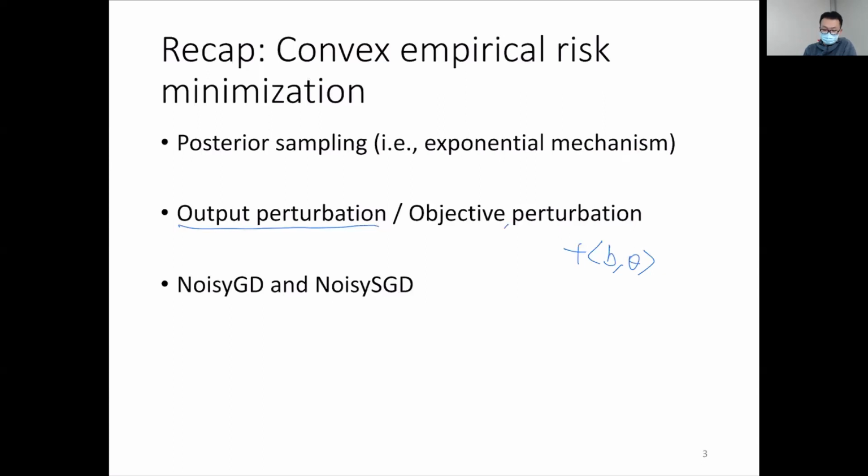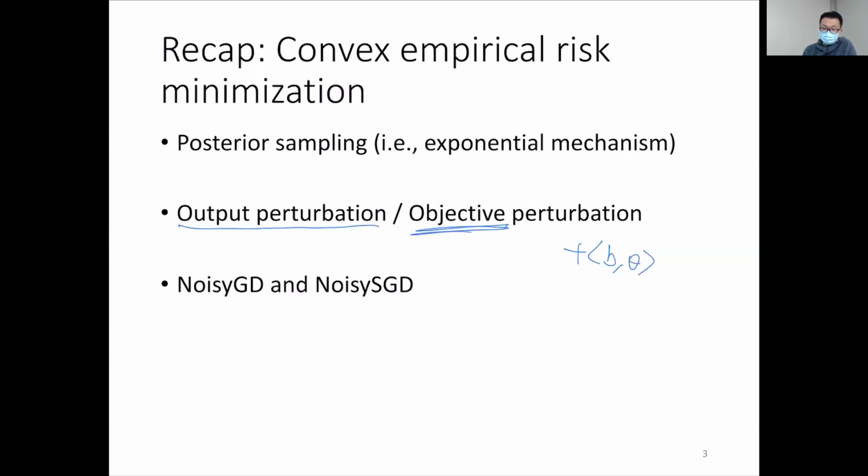So this perturbs the objective function, and through the optimality condition and a change of variable trick, we were able to show that this mechanism also satisfies differential privacy. And in the case of generalized linear models, it gives us a very satisfactory result in the sense that it obtains the best possible solution among all possible algorithms for these problems.